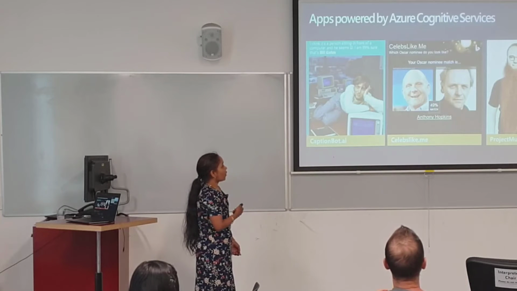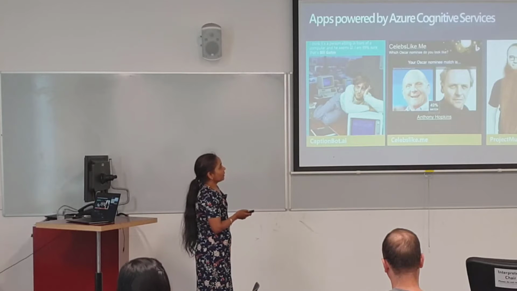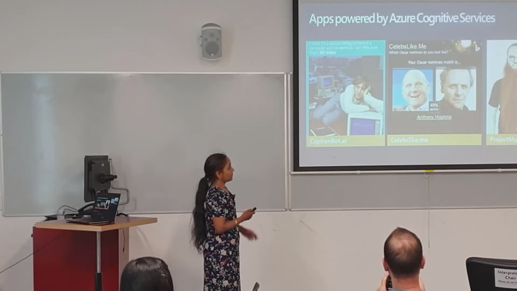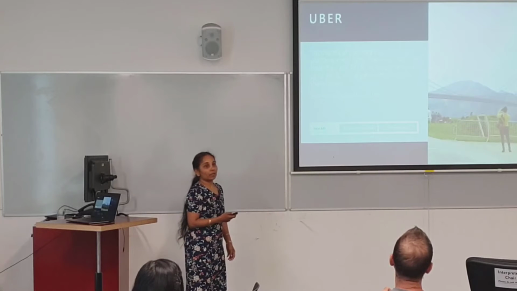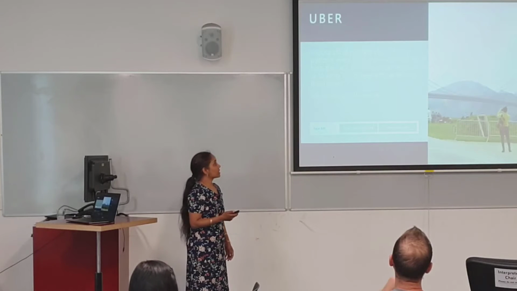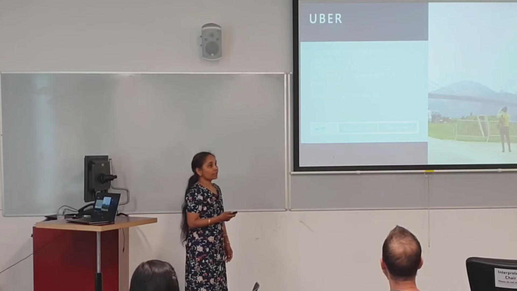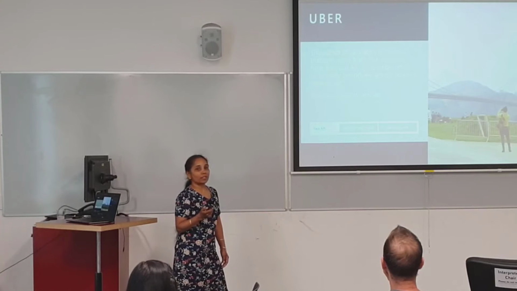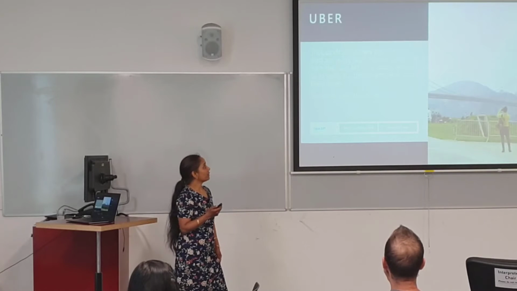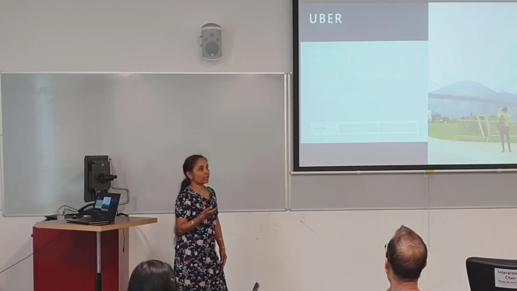Okay, so there are some websites which are powered by this computer vision. We can have a look at it: captionbot.ai, Celebs Like Me, like.me, and Project Murphy. And this is what Uber is using Face API for. I think you all must have taken Uber. Do you know that they are using the Face API to recognize the drivers?